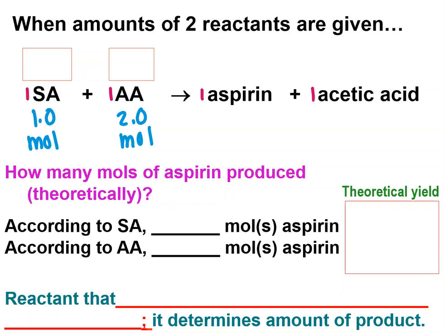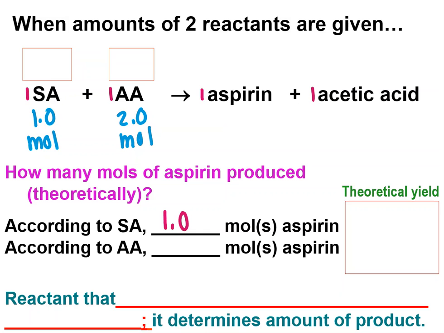Okay, and so this is what I was talking about, how we decide when we're doing chemistry which is in excess and what is our theoretical yield and so forth. What we do is we look at each one and decide how much product you could get. So I'm going to start by looking at the salicylic acid, there's 1 mole. If all of that reacted, I would get 1 mole of aspirin.